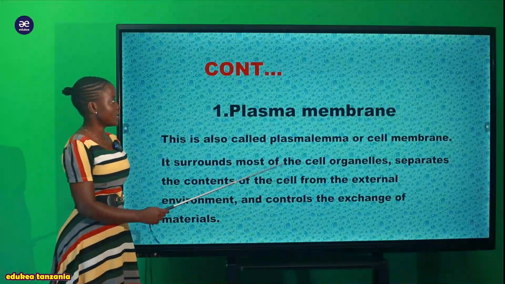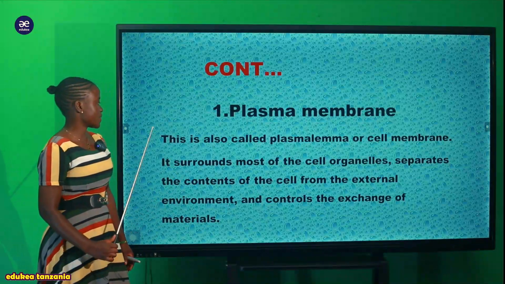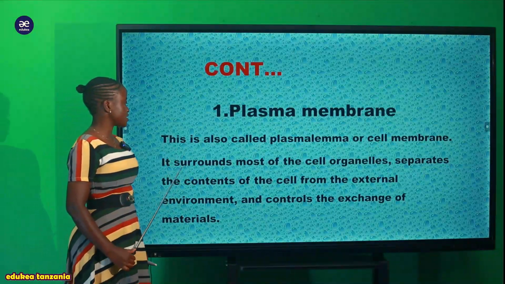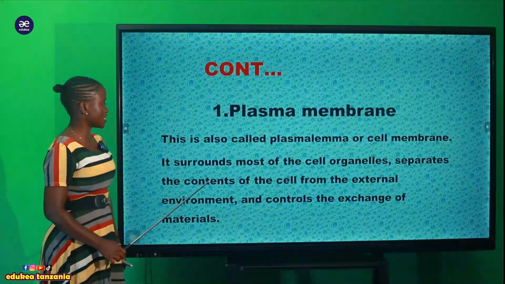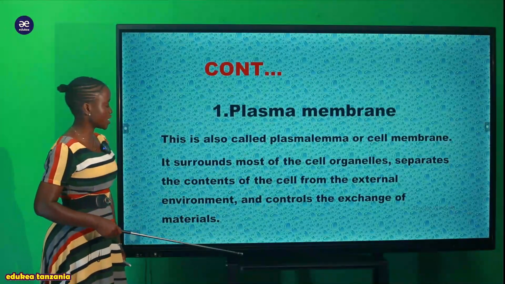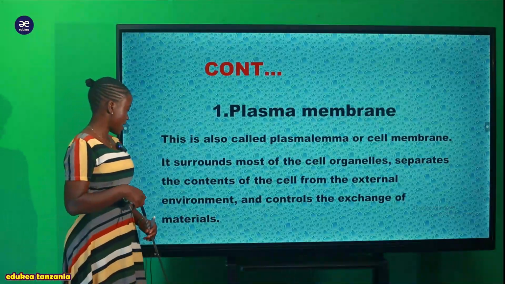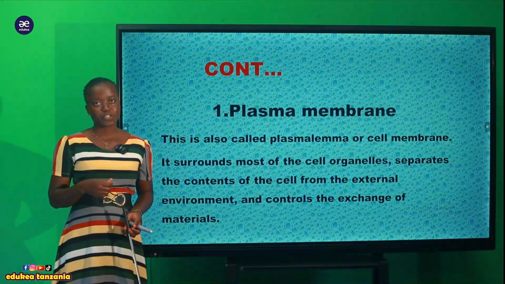It is the same as the plasma membrane or the cell membrane. So this plasmalemma surrounds most of the cell organelles, separates the contents of the cell from the external environment and controls the exchange of material.